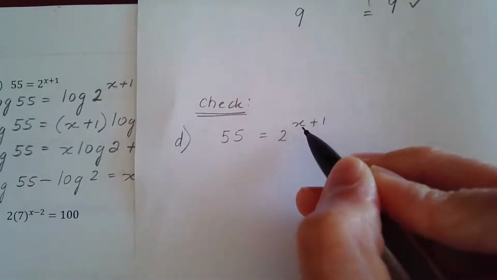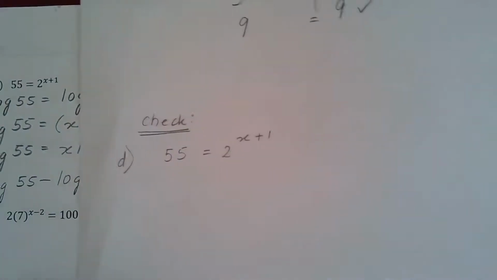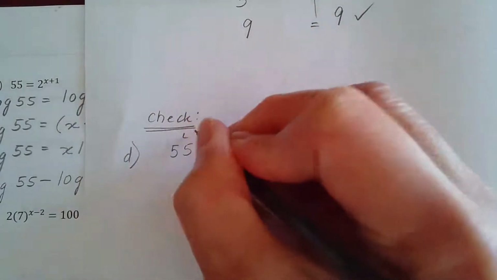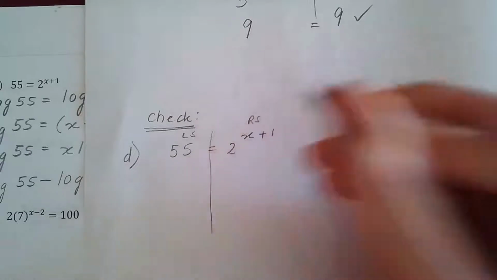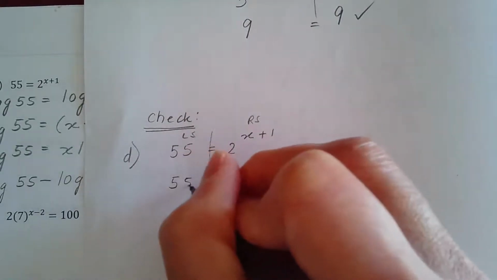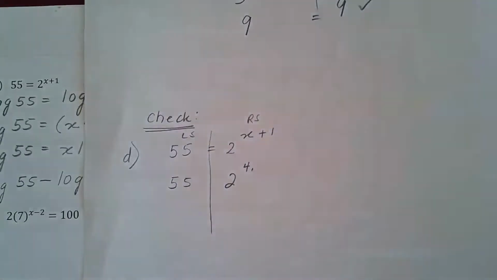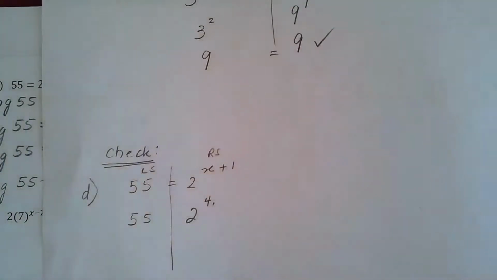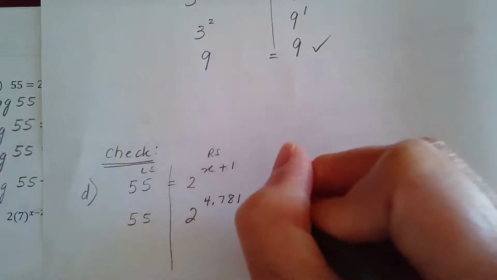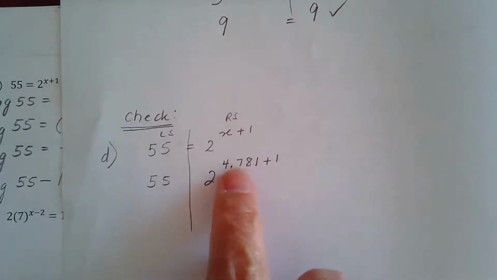Remember the x we got is approximately 4.781. My left side of the equation is 55 and the right side is 2 to the x plus 1, so 2 to the 4.781 plus 1. This is approximate.